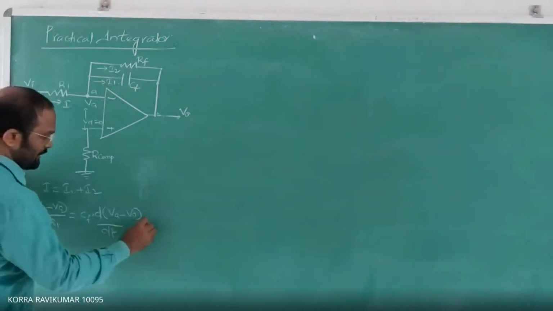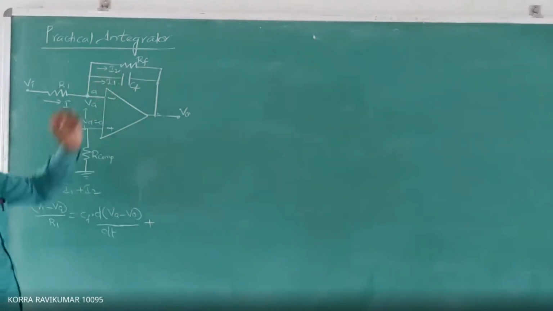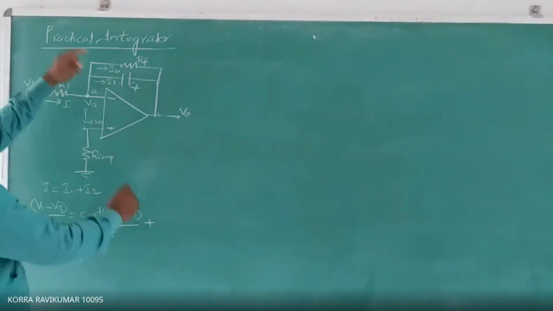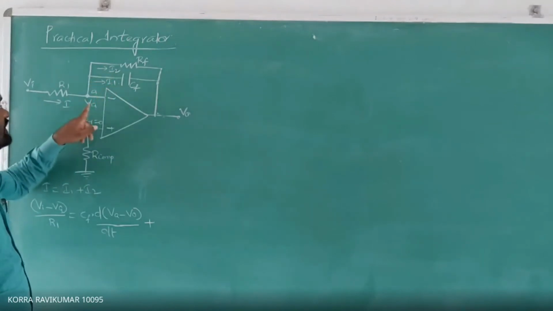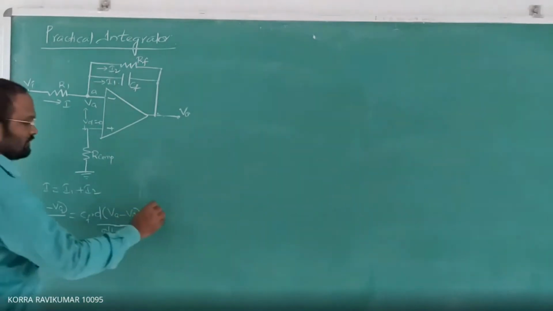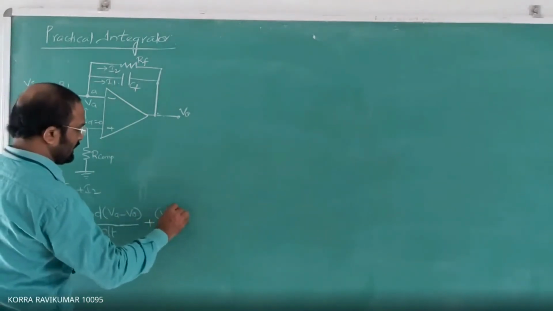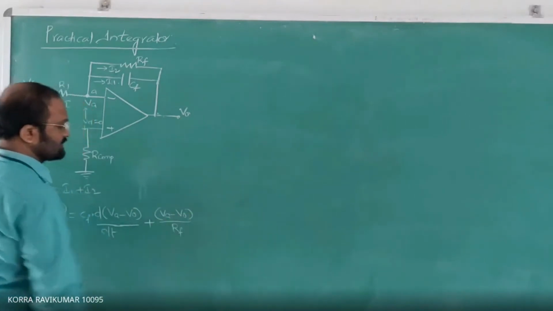That is the current flowing through the capacitor, plus the expression for I2. That is current equals voltage by resistance: VA minus V0 divided by the feedback resistance RF.